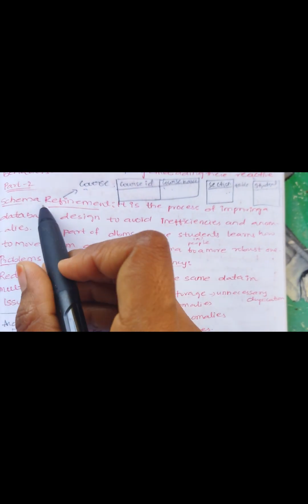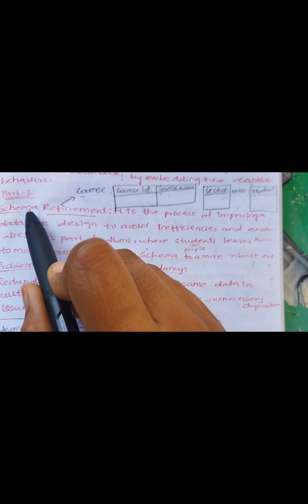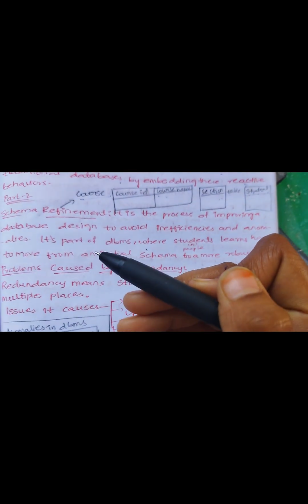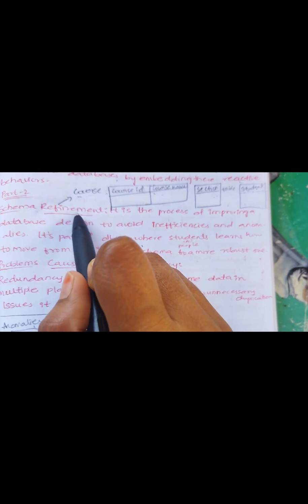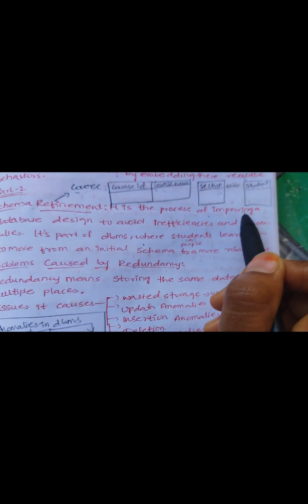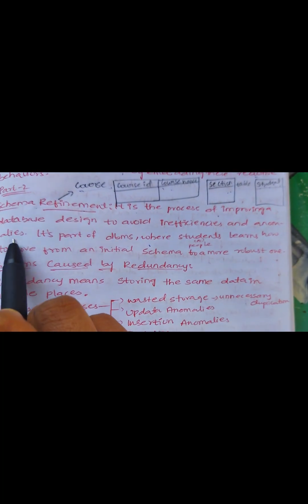Schema refinement. Schema is the structure; improving a database design is known as the schema refinement concept. It is a process of improving a database design to avoid inefficiencies and anomalies.